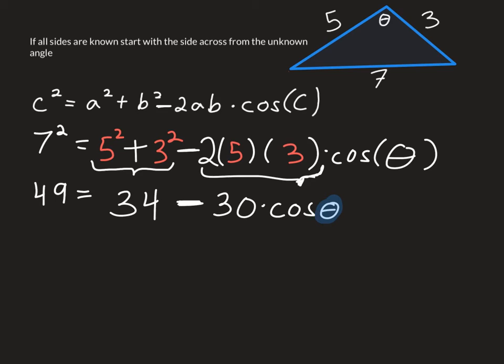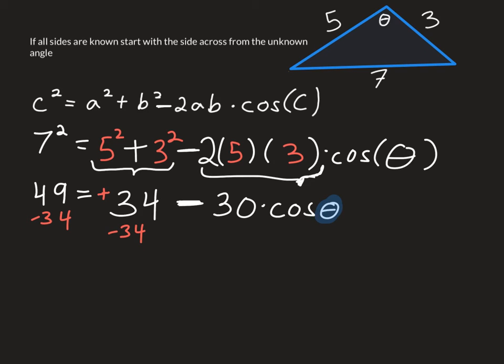Okay, so what do I need to do then? Let's think about what I need to get rid of. In order to get theta by itself, eventually I need to get rid of the cosine, the 30, the negative 30, and the 34. So let's go ahead and get rid of that 34. It's really a positive 34, with a positive sign before it, so I'm going to subtract 34 to do the opposite.